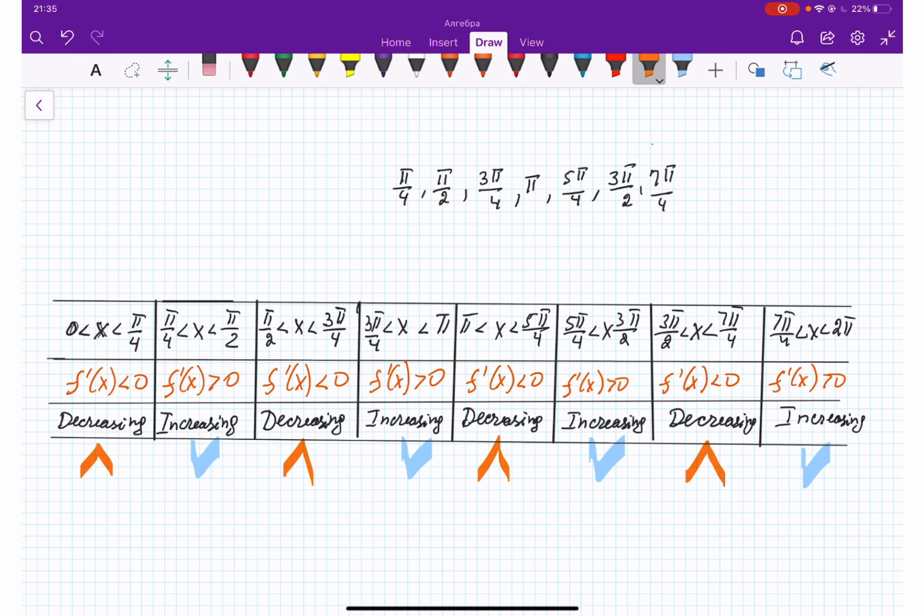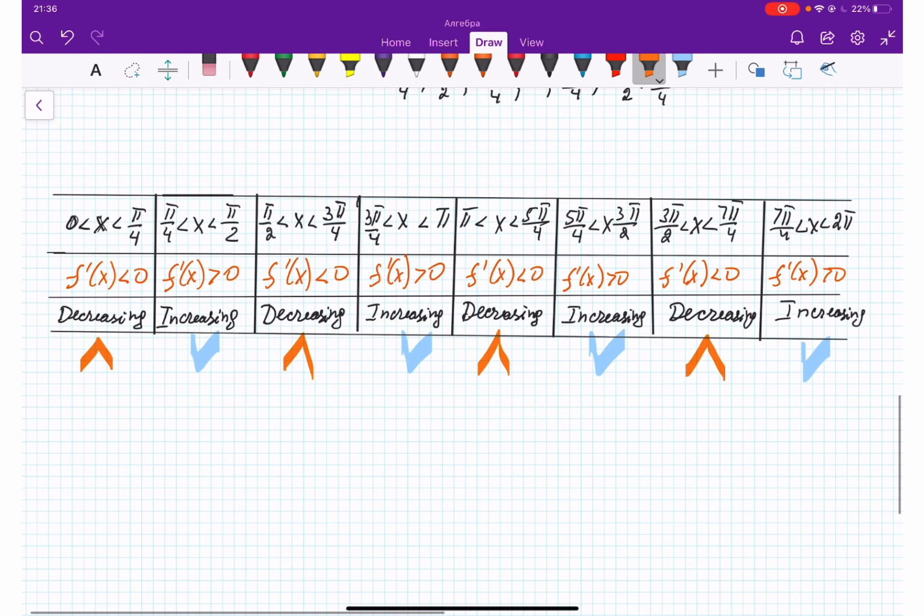Okay, so what does that mean? I would like to find also relative maxima and relative minima. So what are going to be our relative maxima? Let me write it down. We are getting relative maxima when the graph switches from increasing to decreasing.